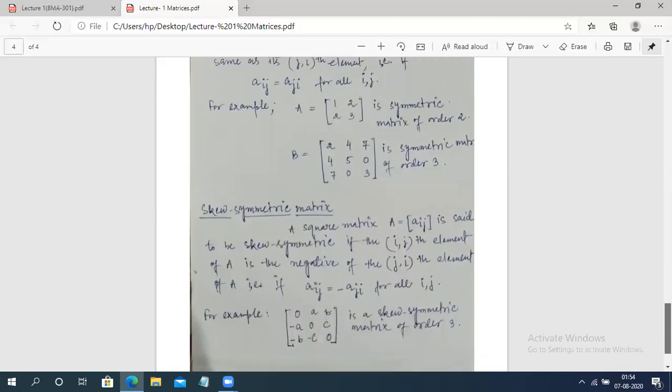Similarly, a skew symmetric matrix is a matrix in which Aij will be equal to minus Aji.